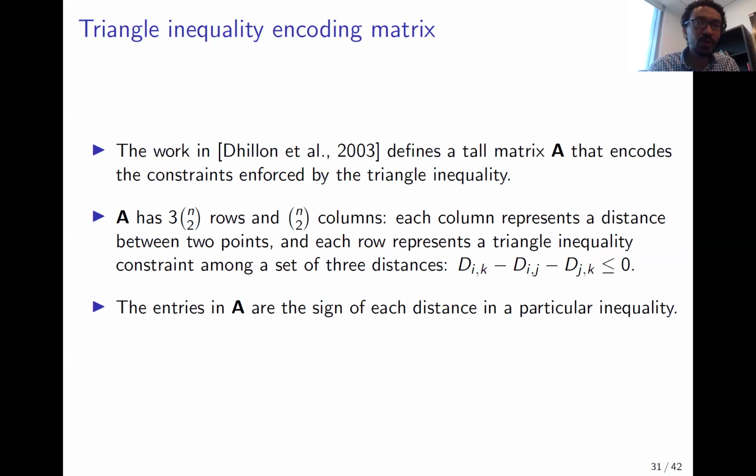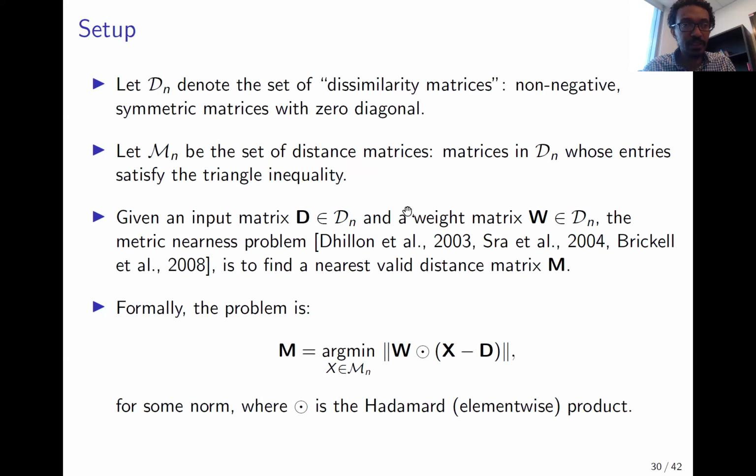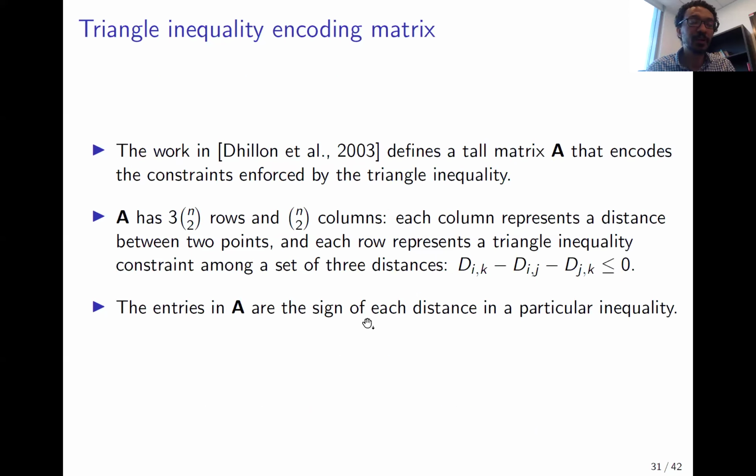Now, if you look at one of the original papers that suggested this, they have a very tall matrix A that encodes the constraint for triangle inequality, because a very important part of this metric nearness problem is that this M, this object that you are seeking, has to satisfy the triangle inequality. So this A matrix is quite big. It has this number of rows and this number of columns.